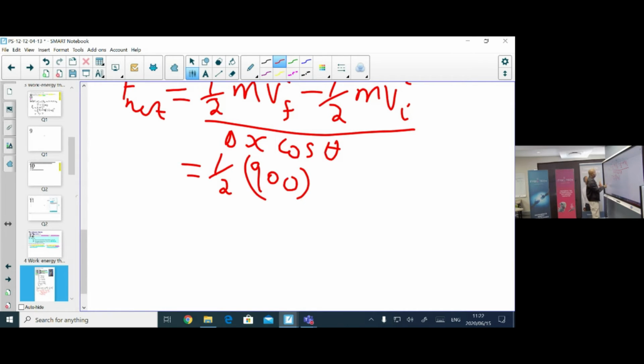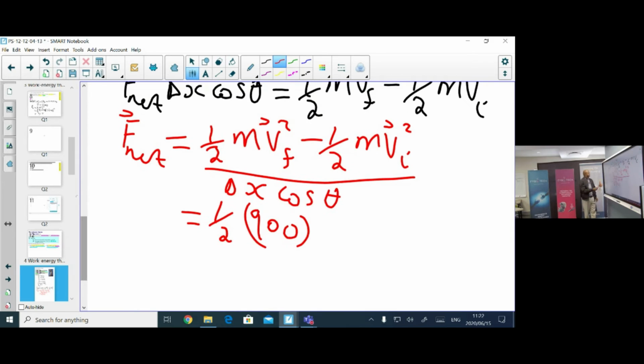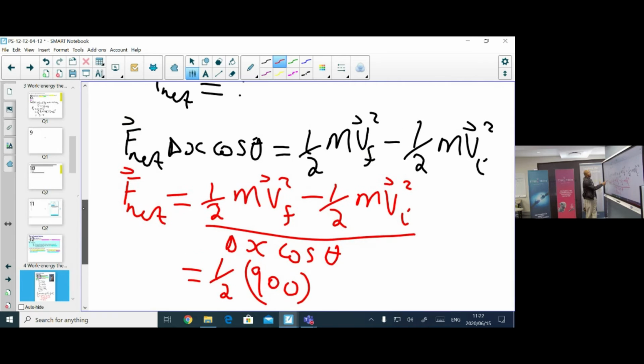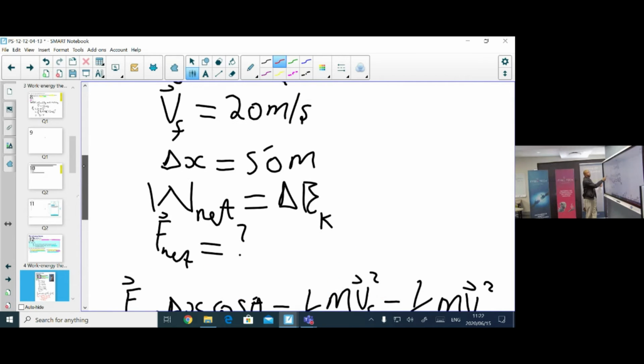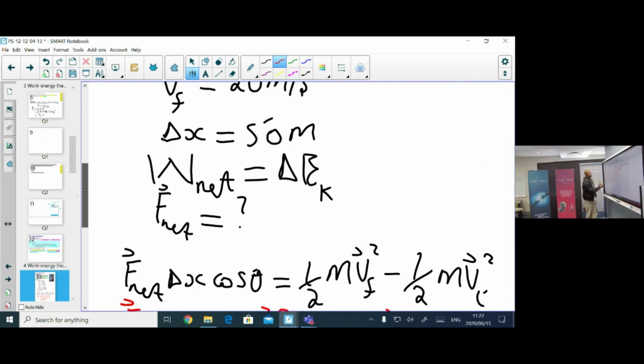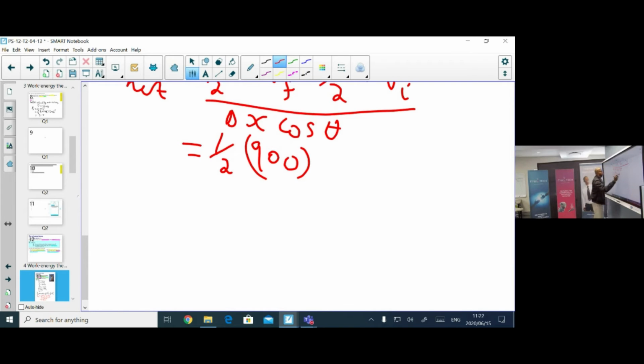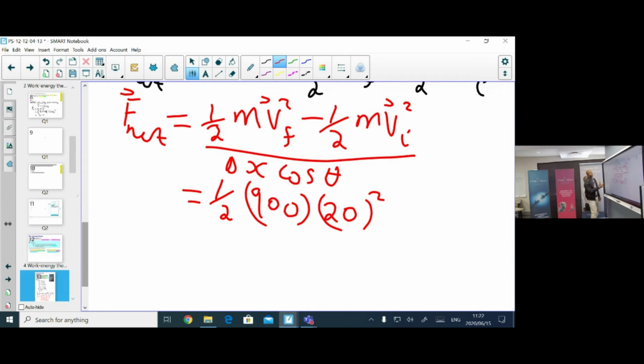And then the final velocity there is 20 meters per second. Don't forget that, you have to square it. Minus, let me just substitute, but that is everything there is 0.